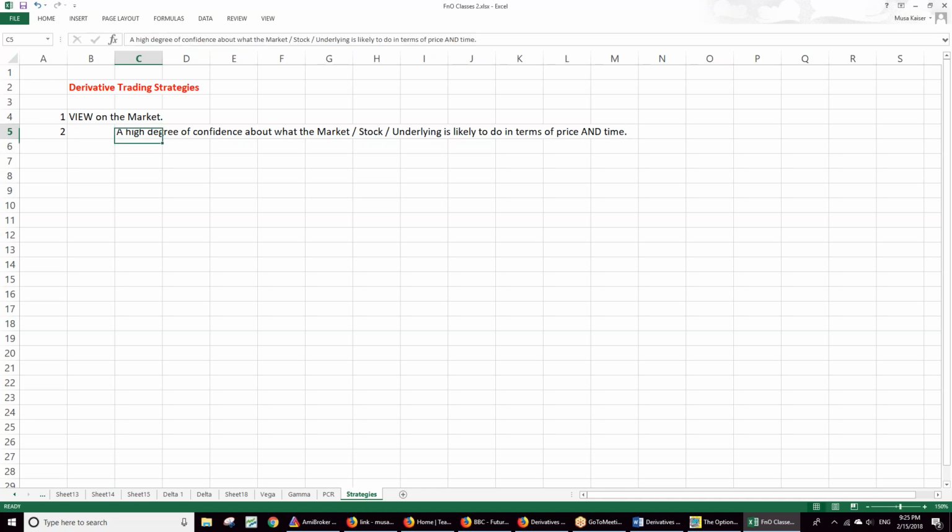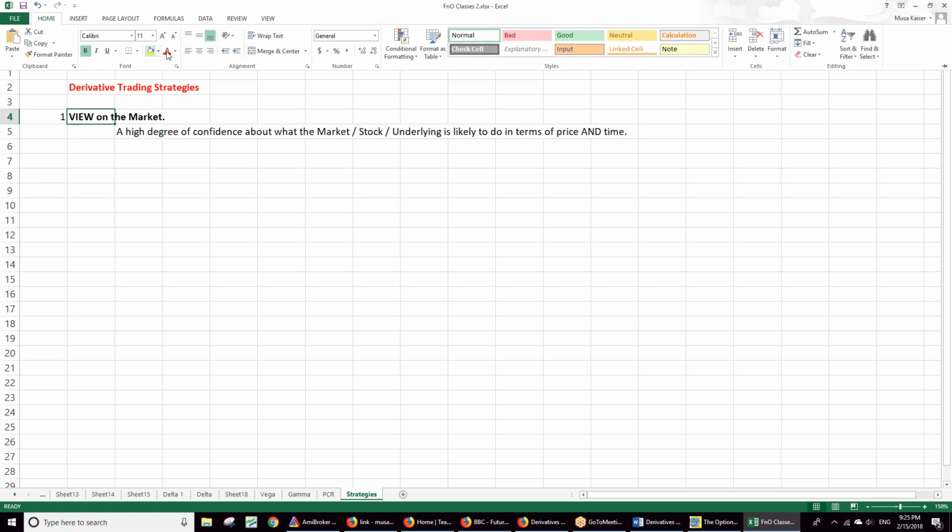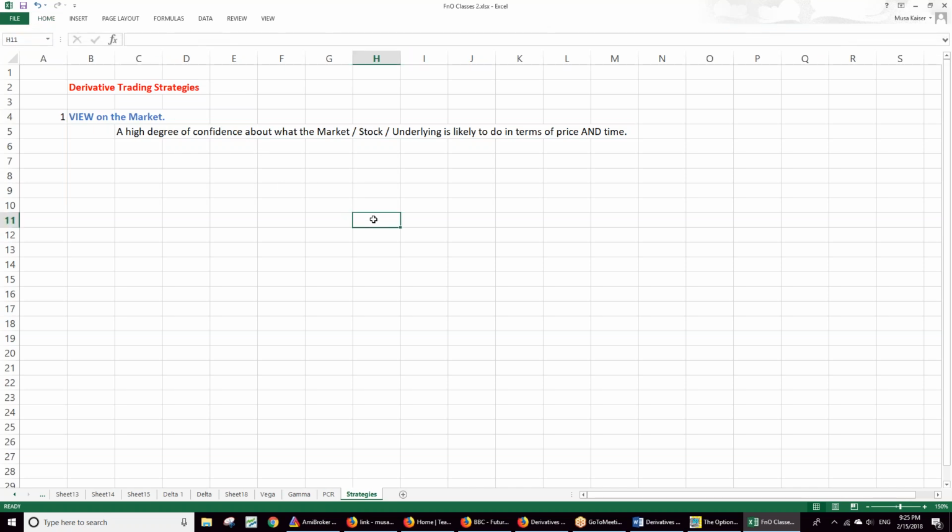So by now one should be clear what we mean by a view on the market. We're looking at where you expect the price to be in the next whatever time frame.